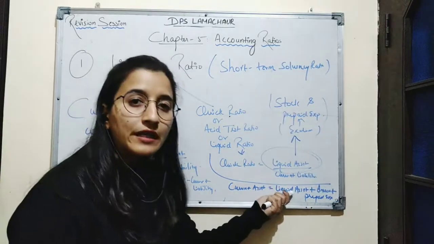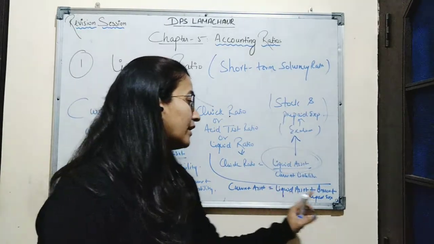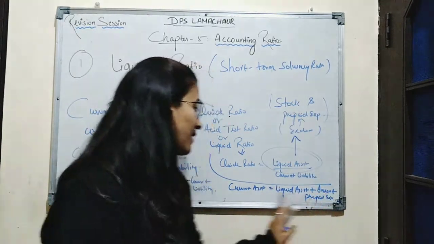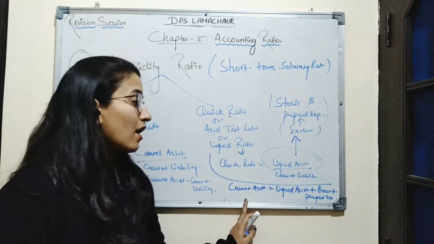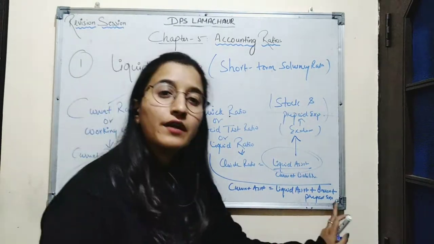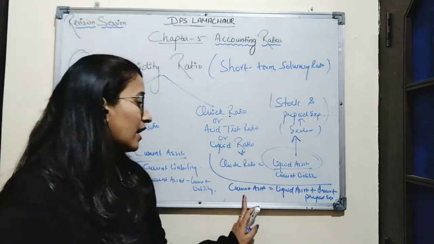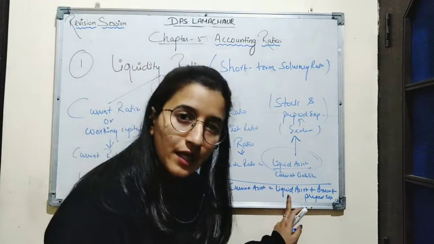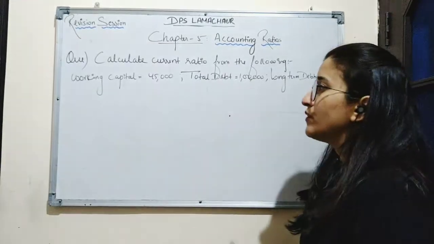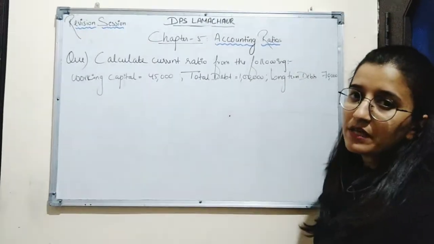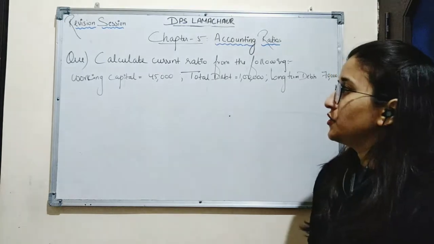We can calculate liquid asset by subtracting inventories and prepaid expenses from current asset. And also, if we have to calculate inventory, we can calculate it by subtracting current asset minus liquid asset. So now we will be solving the practical question based on liquidity ratio.